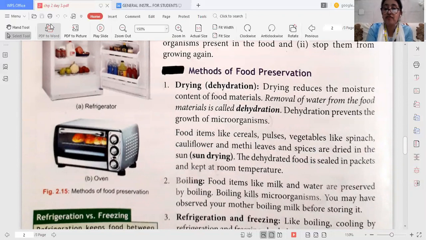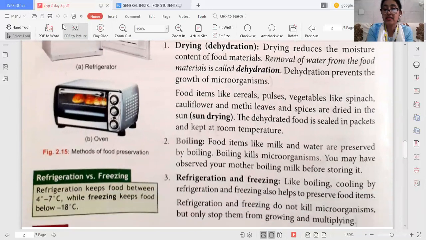With the help of drying, many food items are kept in the sunlight, so whatever excess moisture is there can be removed, and this is known as sun drying. With the help of sun, the moisture is removed.